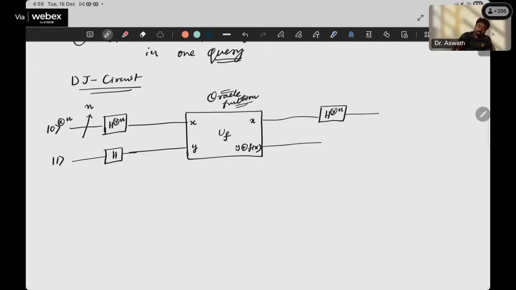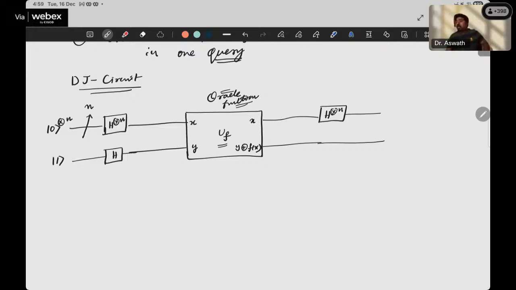Okay, so I'll then get back. So this is a quantum circuit for the Deutsch-Jozsa algorithm, which in fact allows us to find out whether the function is balanced or not. The function information is carried in terms of the unitary function U_f.